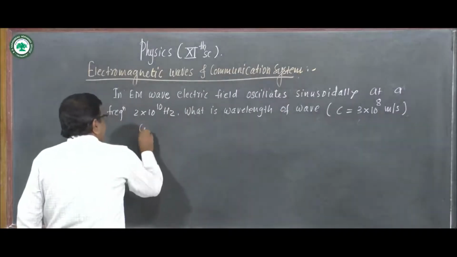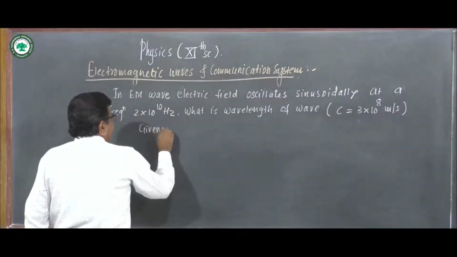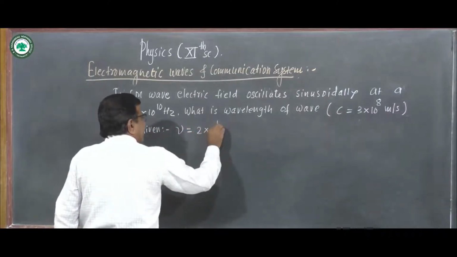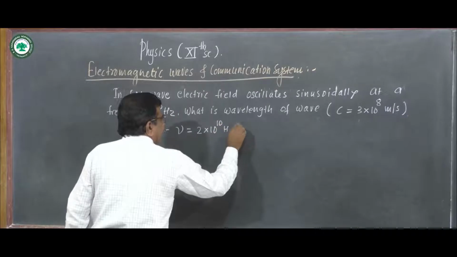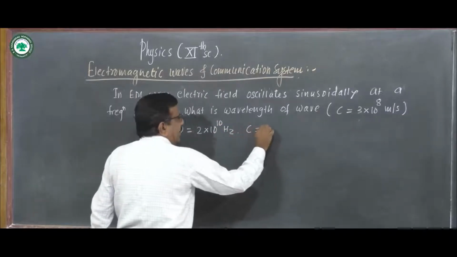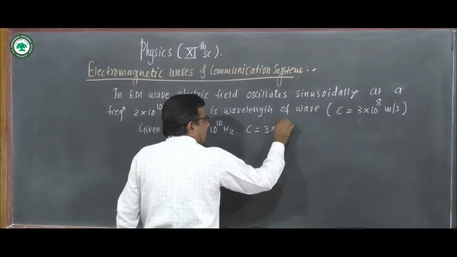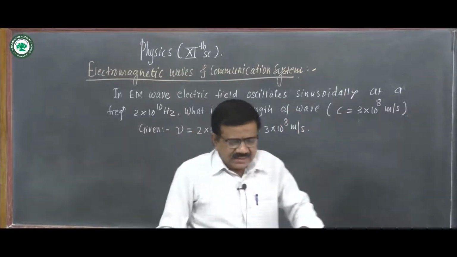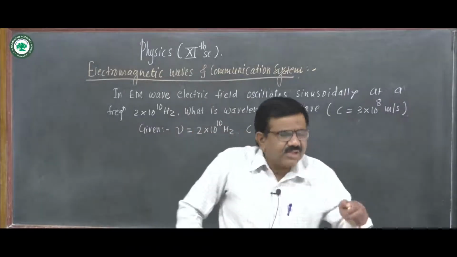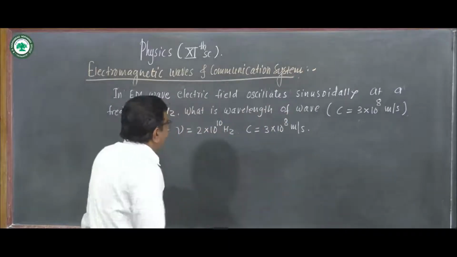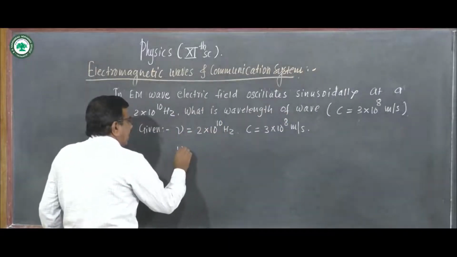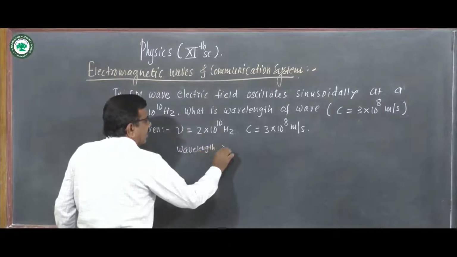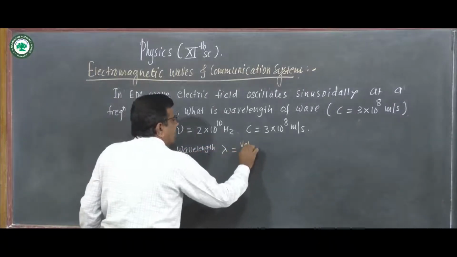So given is frequency nu, 2 into 10 raised to 10 hertz. C is given, 3 into 10 raised to 8 meter per second, and we have to find the wavelength. We know wavelength lambda is equal to velocity upon frequency.